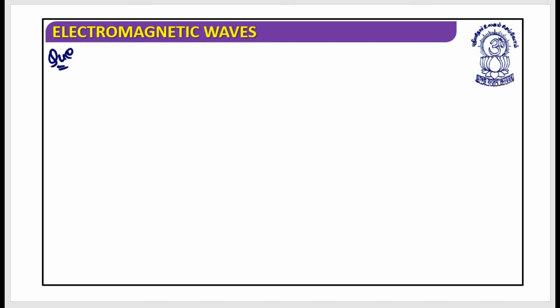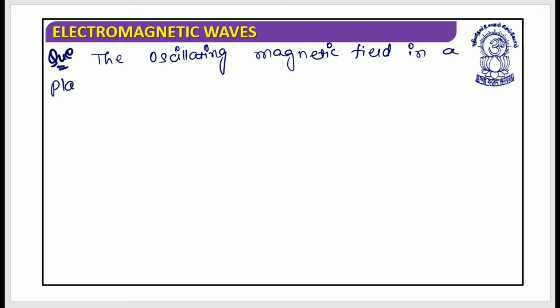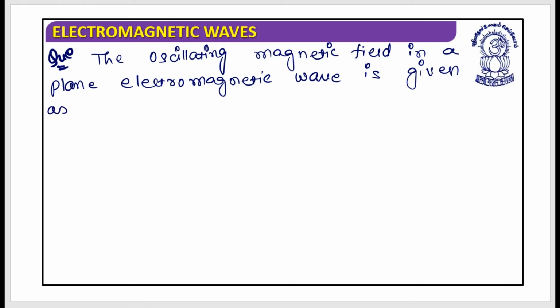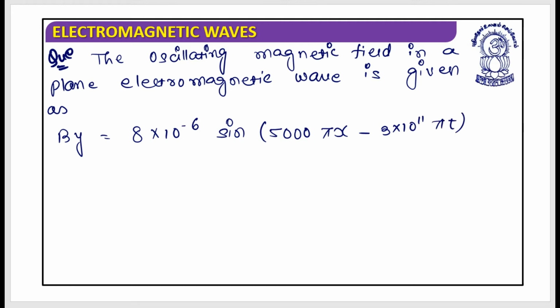The question says that the oscillating magnetic field in a plane electromagnetic wave is given as By equals 8 into 10 to the power minus 6 sine 5000 pi x minus 3 into 10 to the power 11 pi t Tesla.